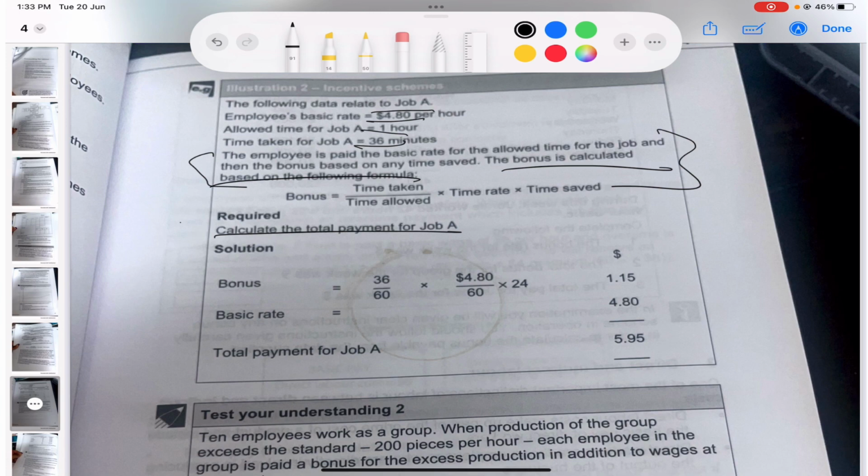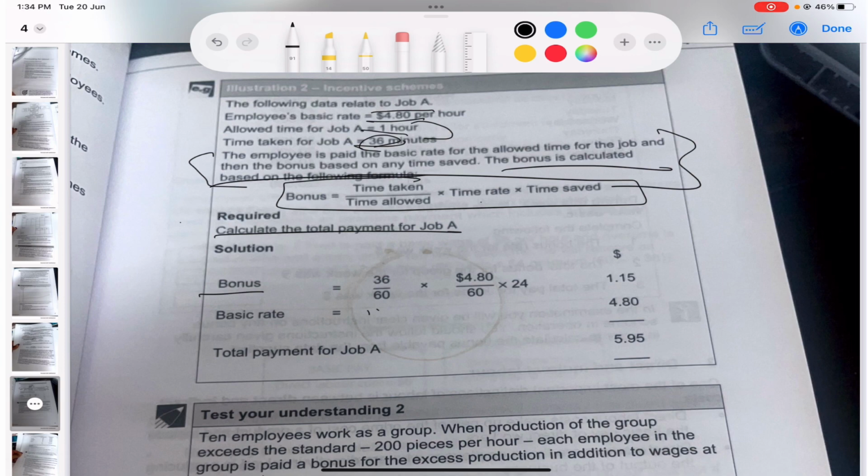Now what is the formula of bonus? Bonus is time taken divided by time allowed, multiplied by time saved, multiplied by time rate. This is the formula of the bonus. Now you just have to substitute it. Time taken was 36 divided by time allowed. 1 hour was allowed, so 60 minutes were allowed, multiplied by time rate.